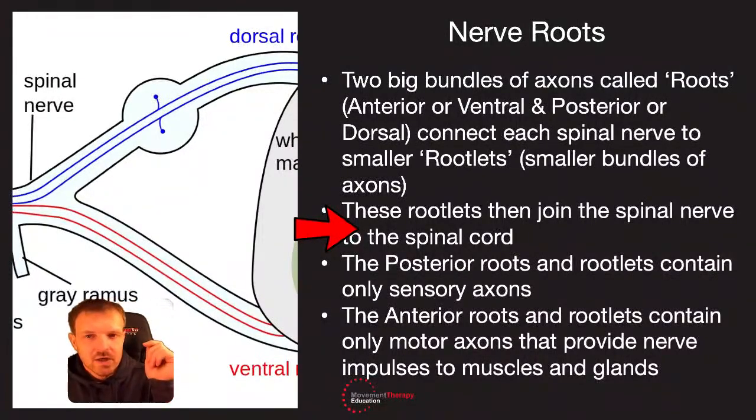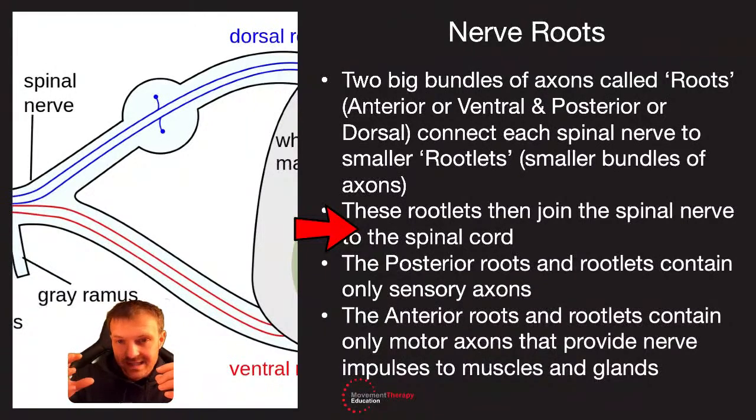At the dorsal aspect, the rootlets and the roots that come off the back of your spine are sensory. So that is the sensation of your body. That is information coming from the outside, from your skin, from your joints, from your organs, all coming back in to the back of the spine. So that's where it gets its information from.